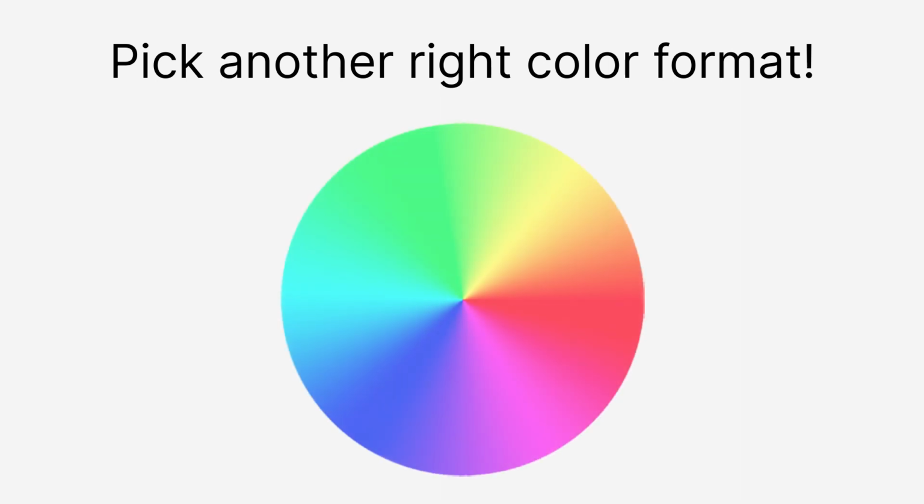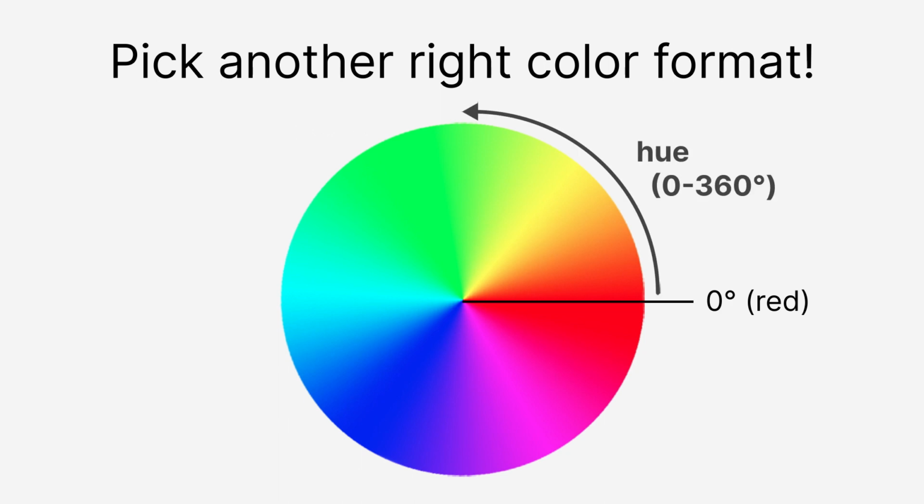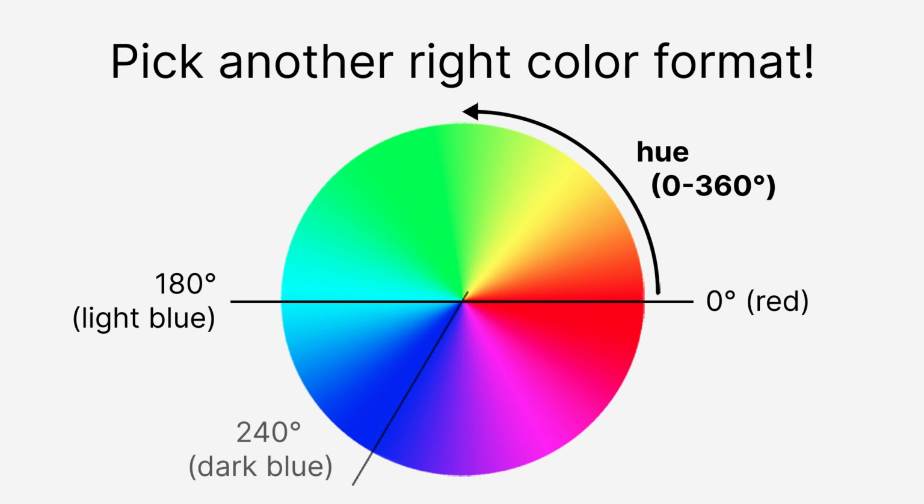With the HSL format, colors are organized on a disk. We usually say that the 0 degree angle is on the red, on the right, and we can then increase this angle to change the tint of the color. So we get blues for angles around 180 to 240 degrees, and we're back to reds around 360 degrees because we've come full circle.